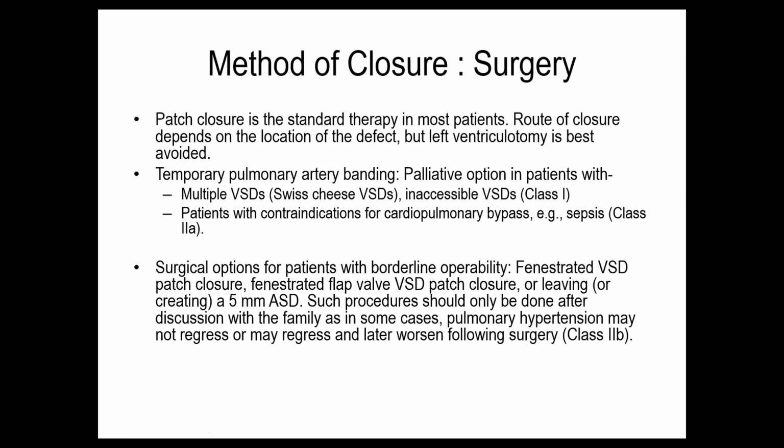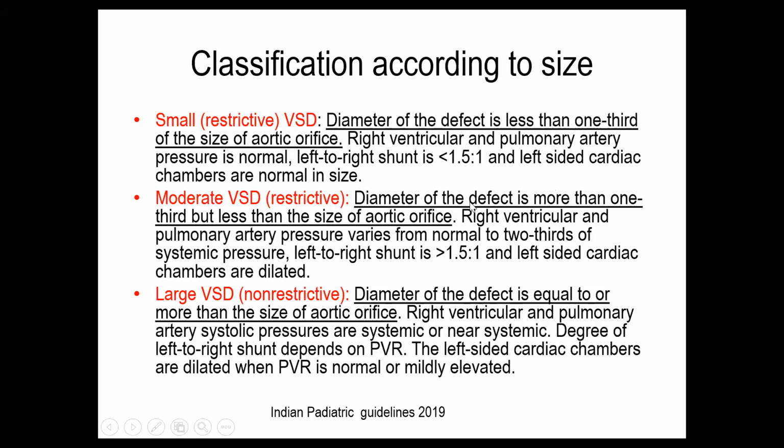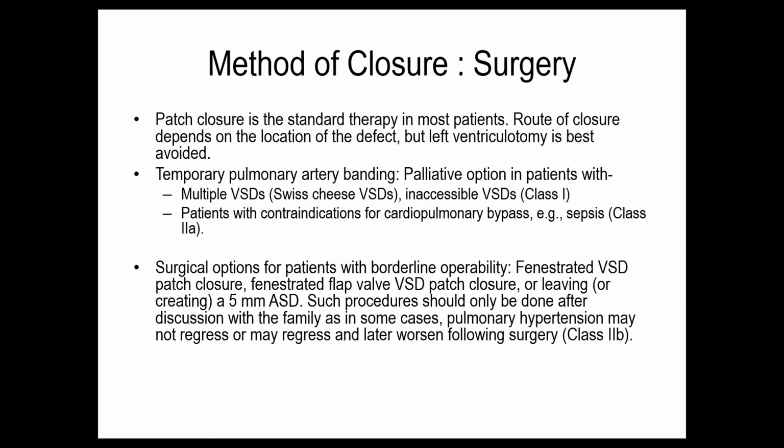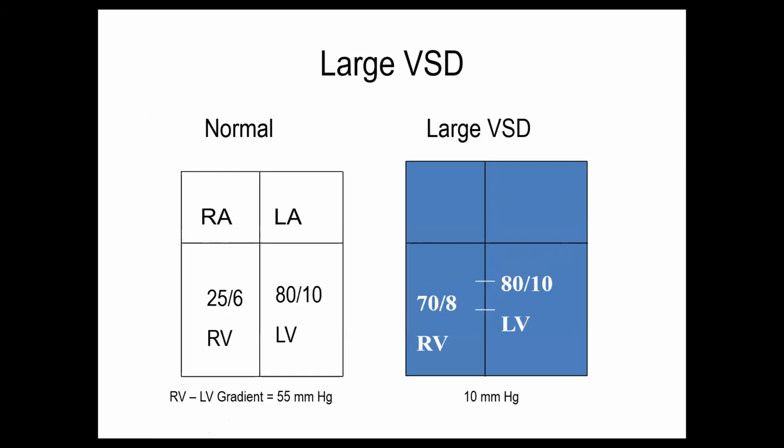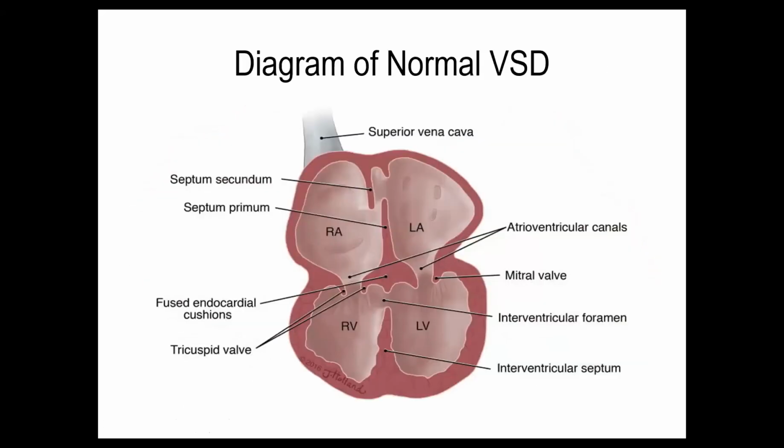Correct? Now, method of choice for closure is surgery. All VSDs need closure by surgical methods, except the one I showed you, the mid-muscular VSD possibly. Clear? Yes, sir. Now, let's see the device closure picture in ASD.